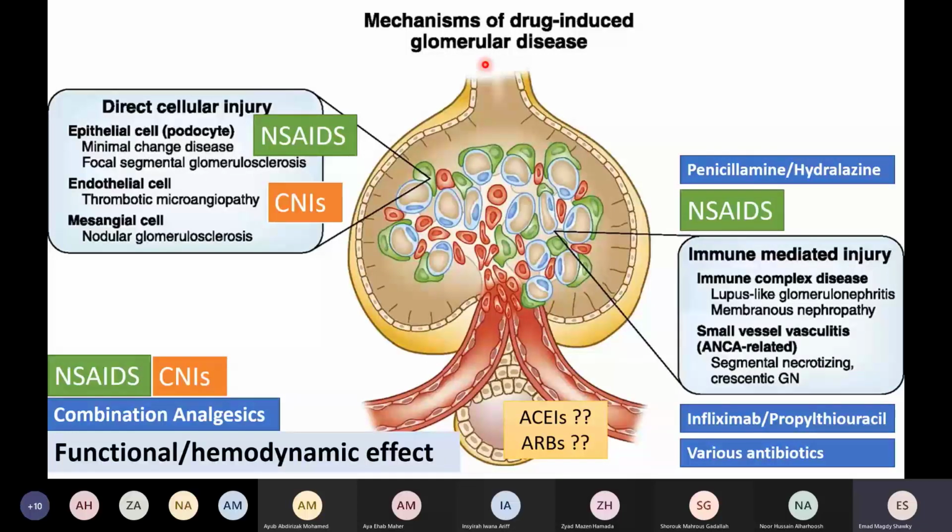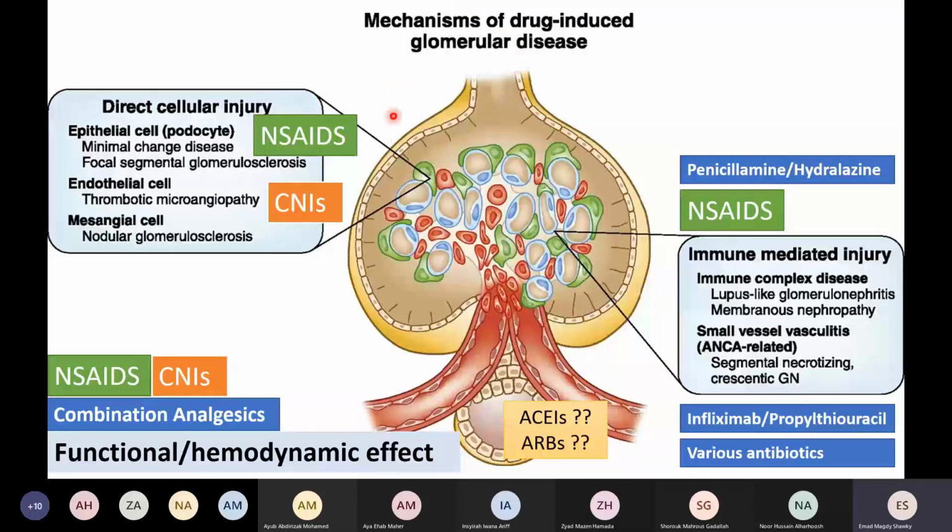The mechanism of glomerular injury can be direct cellular injury, so the drug itself is nephrotoxic and causes cellular injury, or the drug can induce an immunological process like autoimmune disease. Or another, more important and more frequent, is that the drug affects the perfusion of the kidney, through a functional or hemodynamic effect. So this is how I summarize the glomerular disorders coming from the drugs.